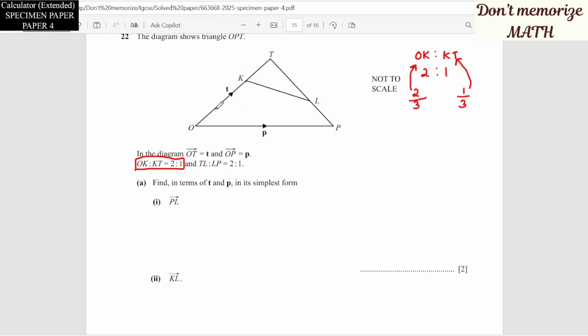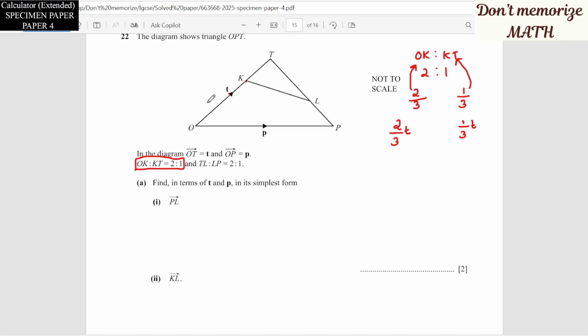The complete OT is small letter t. So what will happen to K? The vector OK will be 2 over 3 t, because 2 over 3 part of this complete line is OK. In the same way, 1 over 3 t will be the vector KT.